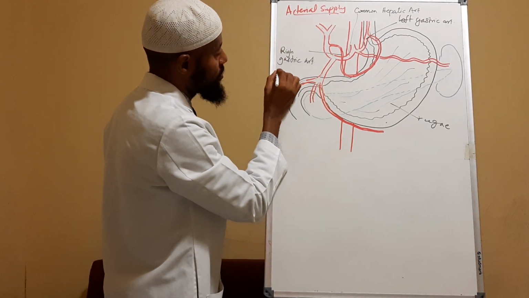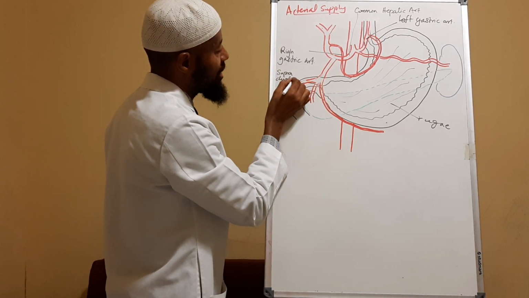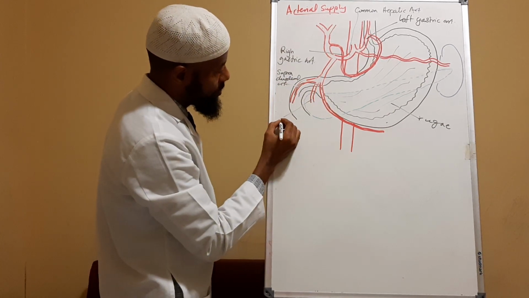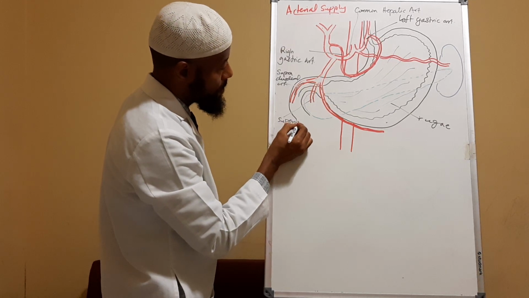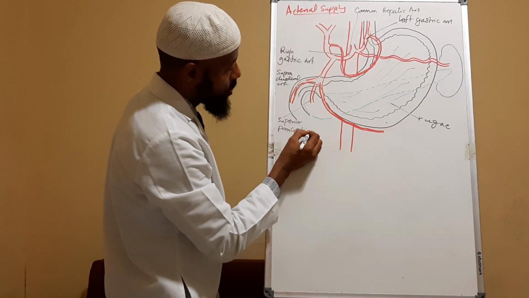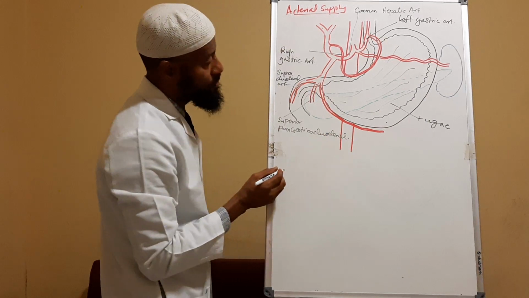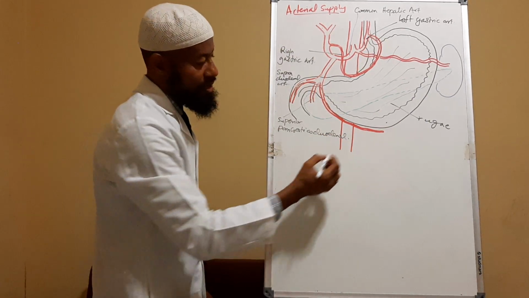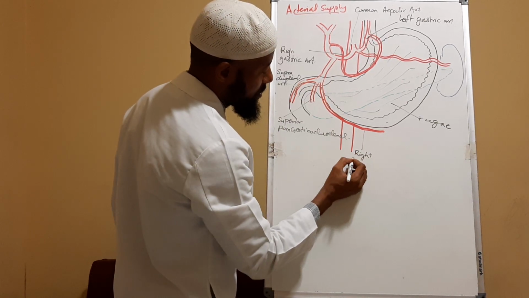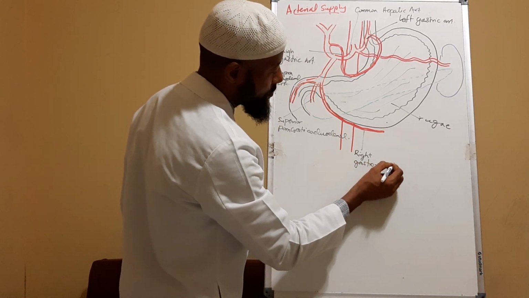This is your supraduodenal artery, and that's your superior pancreaticoduodenal artery, and here is your right gastro-omental artery.